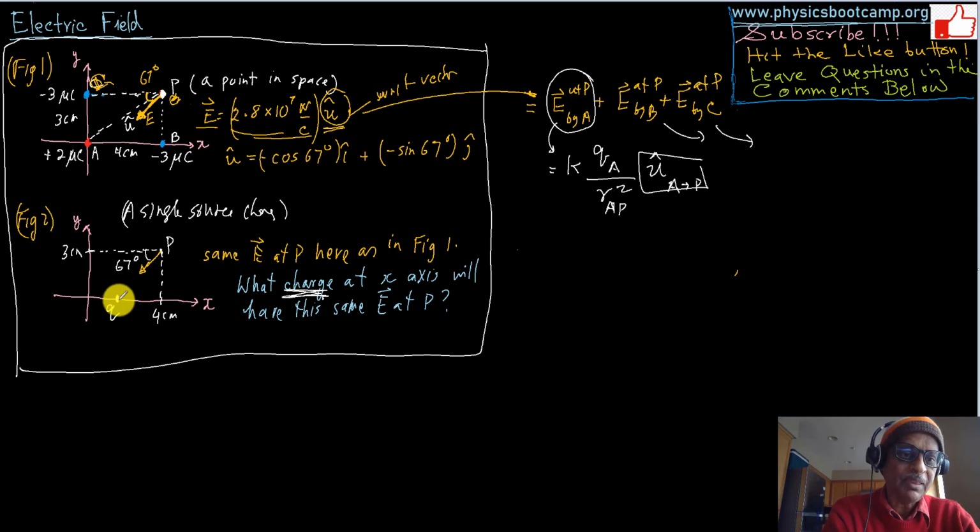If this is a sufficient charge, the electric field from it would point this way if it is a negative charge. So it should be a negative charge, because the electric field at P is pointing towards the source charge.